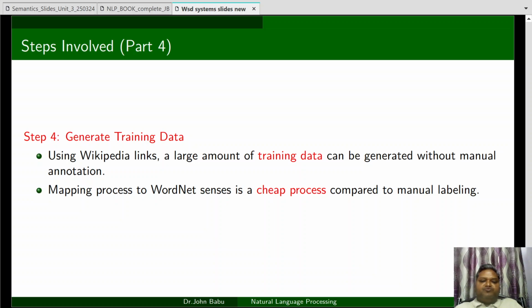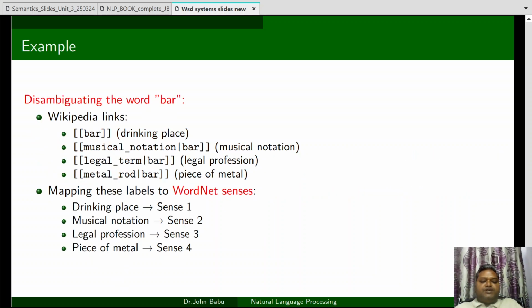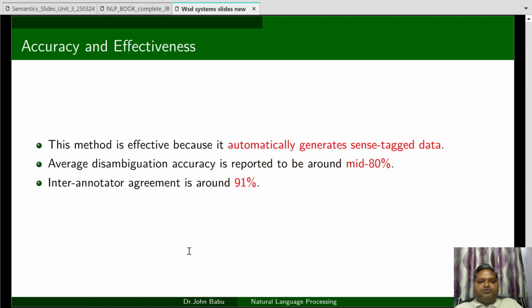This mapping is very cheap; we need not have much computational expense for that. For example, for bar we have four senses: sense 1, sense 2, sense 3, sense 4. Once a Wikipedia word is given, these links are mapped to those senses.